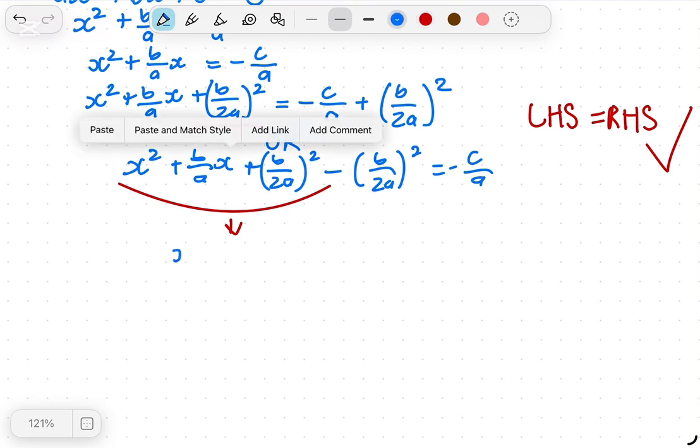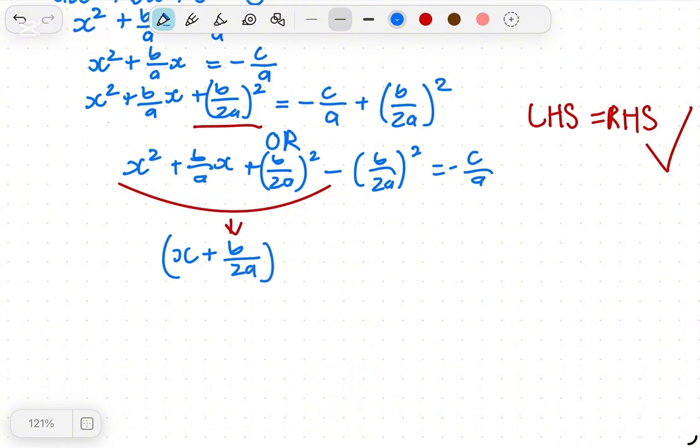So from here we can change it into x plus b over 2a squared, removing this x term entirely. So that makes life a lot easier for us. And from there we can turn the right hand side into minus c over a plus b over 2a squared.